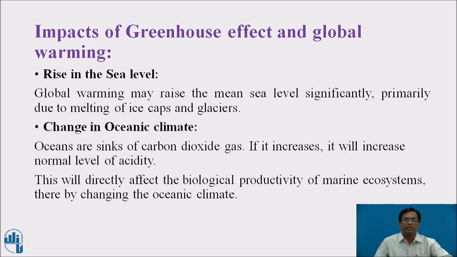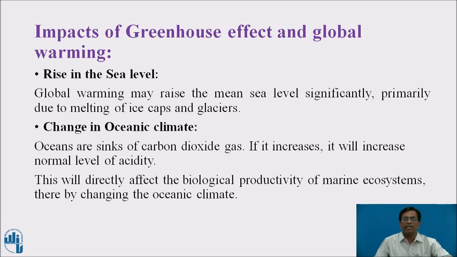Rise in the sea level. Global warming may raise the mean sea level significantly, primarily due to melting of ice caps and glaciers. Change in ocean climates. Oceans are sinks of carbon dioxide gas. If it increases, it will increase the normal level of acidity.